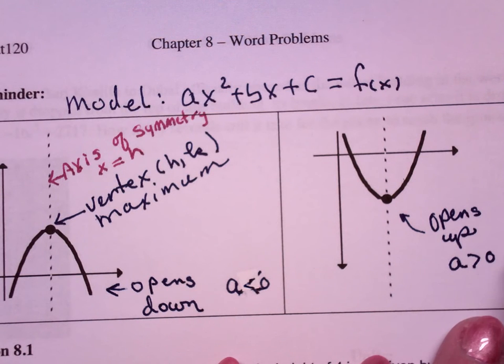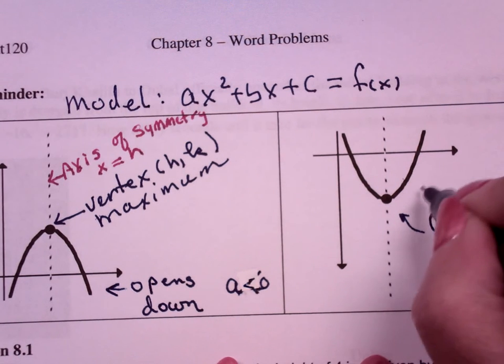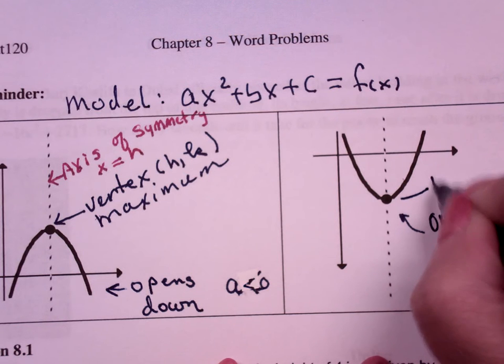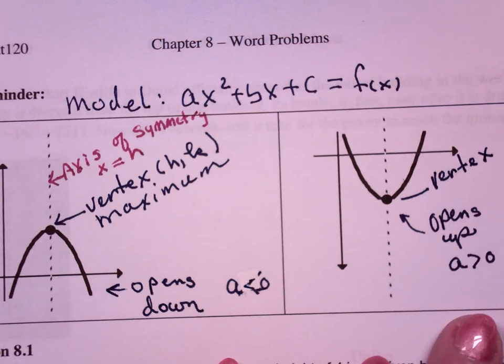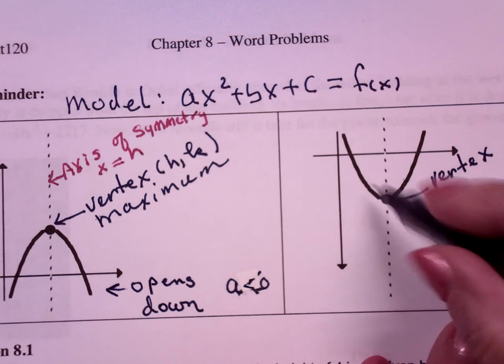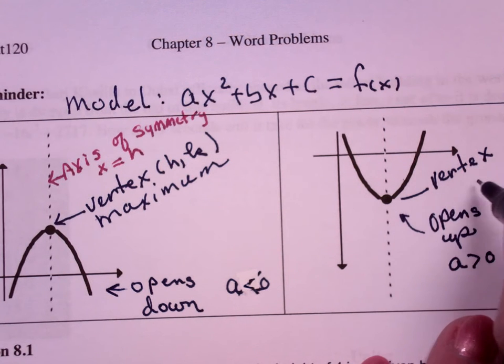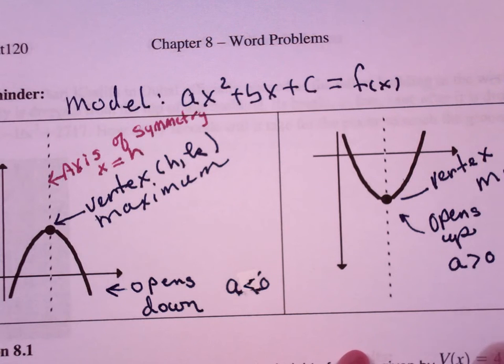We know that a is positive. That also means that again it has a vertex, and since it opens up, it is a minimum. I can't spell minimum today.